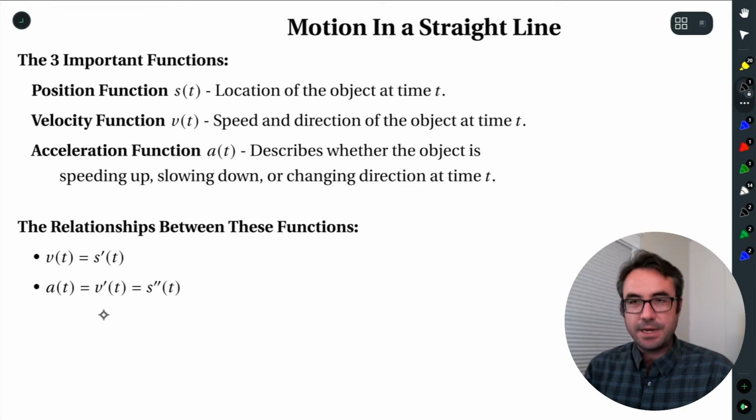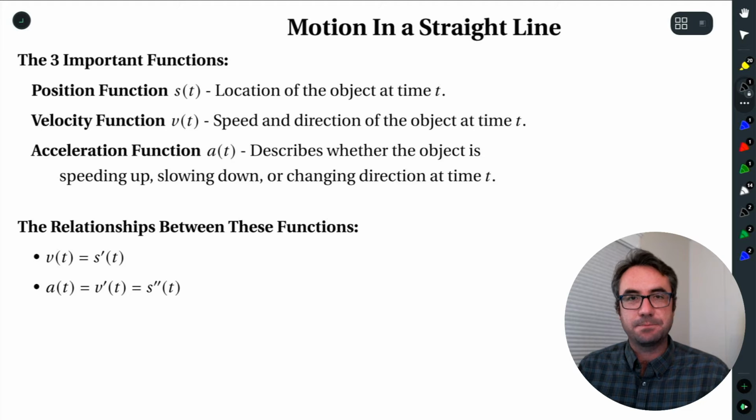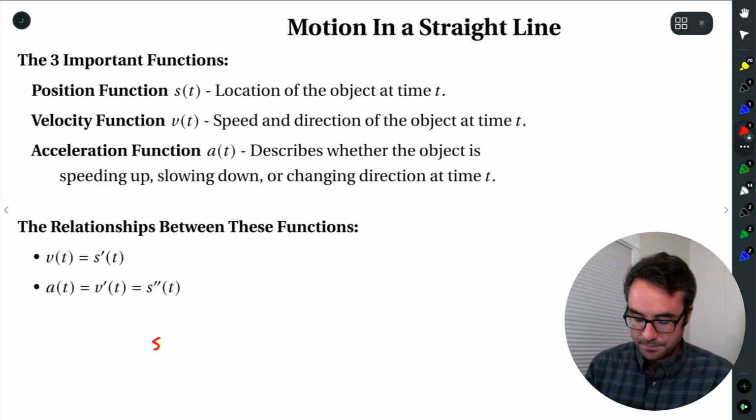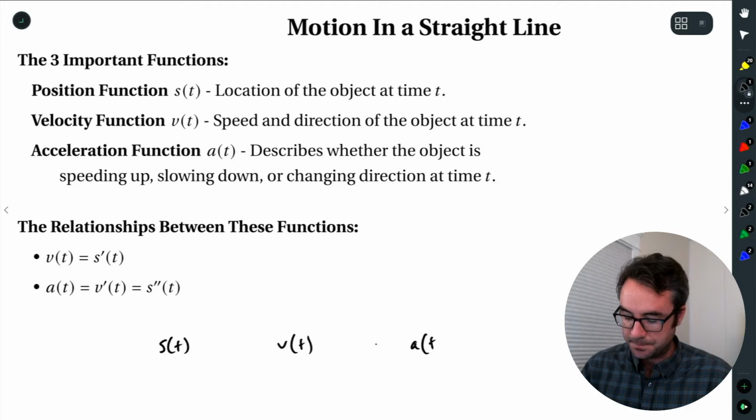So far we've looked at how they're related by derivatives. The velocity function is just the derivative of our position function. And the acceleration is the derivative of our velocity function, or it's the second derivative of our position function. So we have our position function, our velocity function, and our acceleration function.